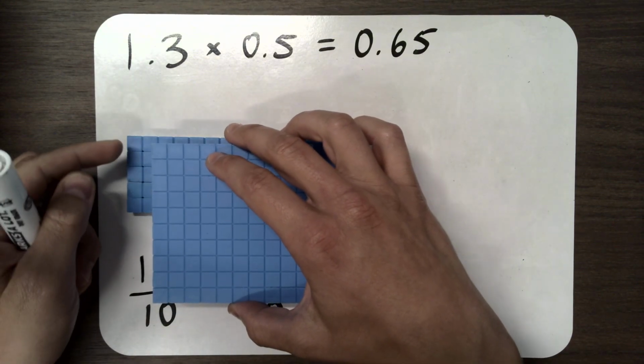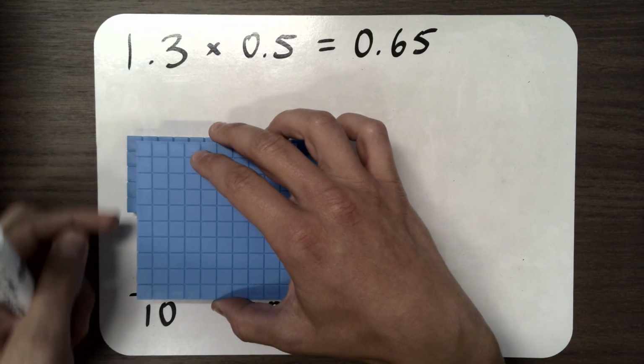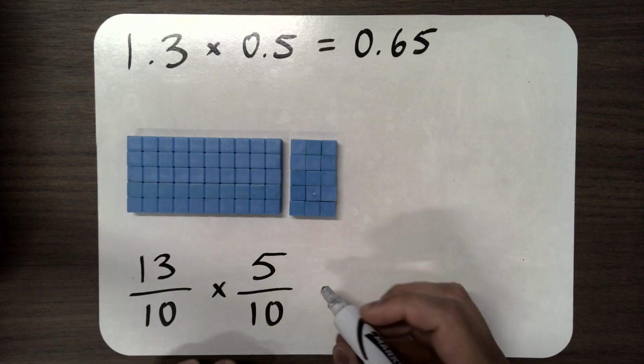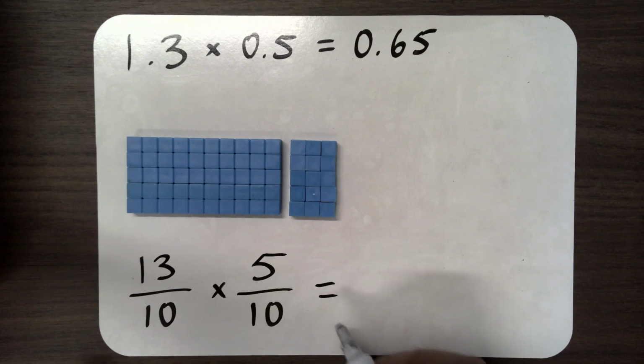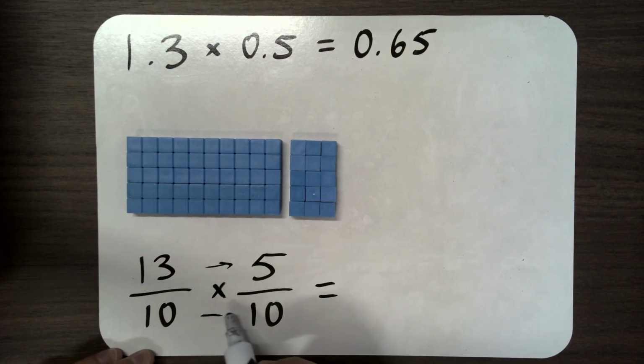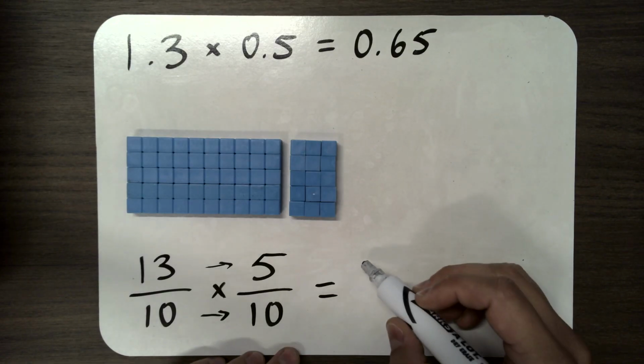And then same here. If we think of that in terms of fractions, this is 5 of the 10 equal parts, so that's 5/10. When we're multiplying these fractions, again, it's that multiply across algorithm, so we multiply the 13 and the 5, and multiply the 10 and the 10.